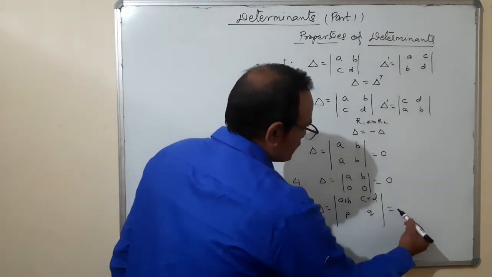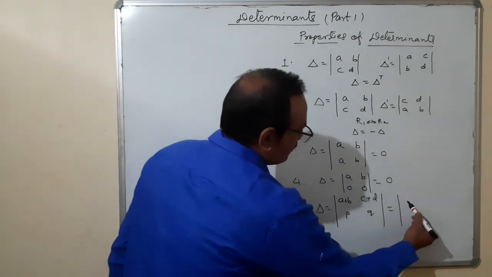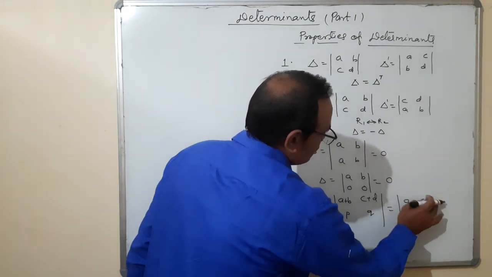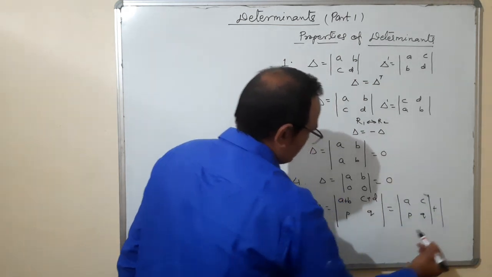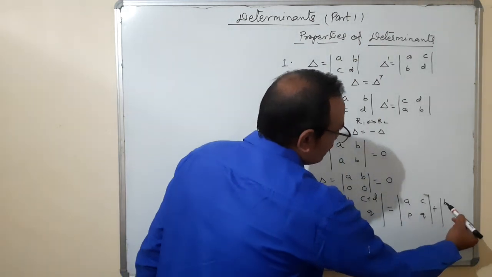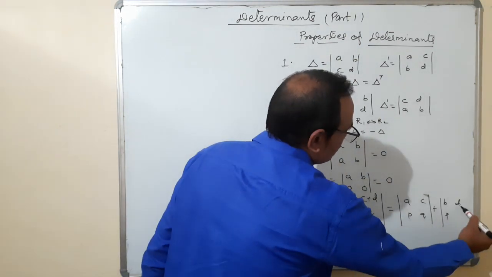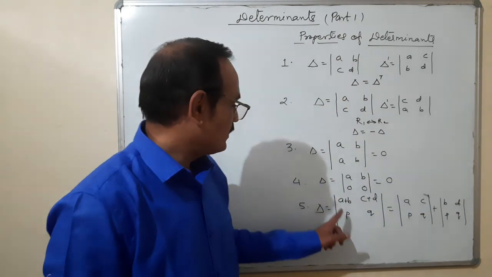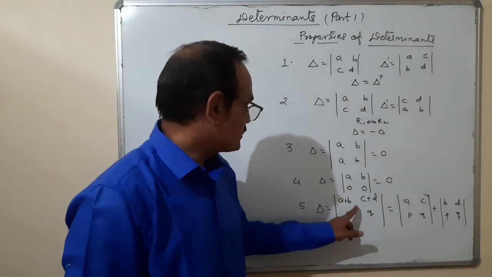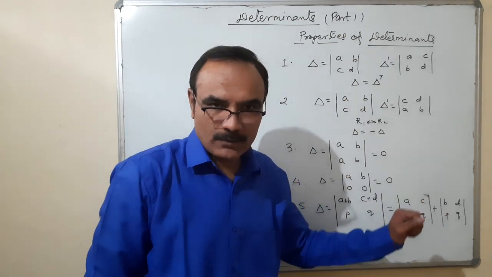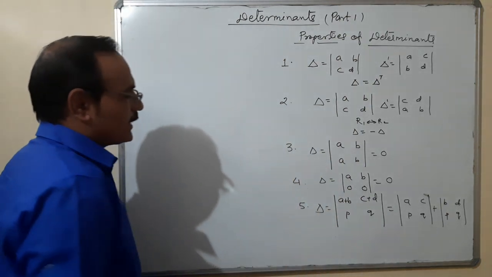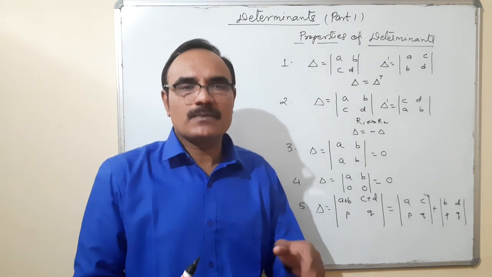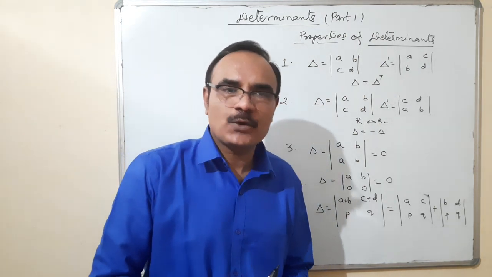So if I want to express this, I can write like this: AP, CQ plus BP, DQ. We can express it in the form of a sum of different determinants. And any determinant can be expressed by exchanging the rows or columns with multiplication by any non-zero scalar quantity.